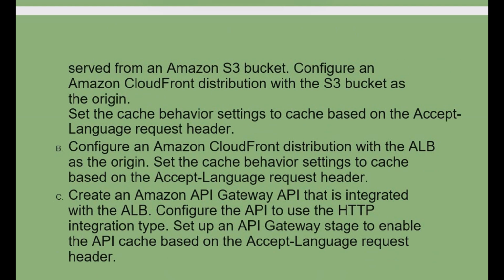Option C, create an Amazon API Gateway API that is integrated with the ALB. Configure the API to use the HTTP integration type. Set up an API Gateway stage to enable the API cache based on the Accept-Language request header.